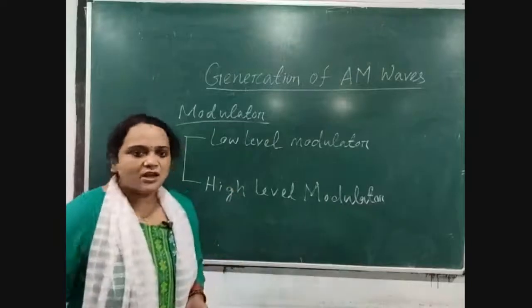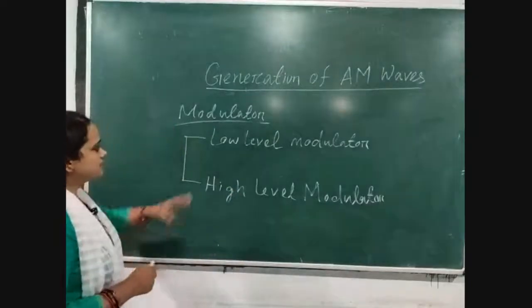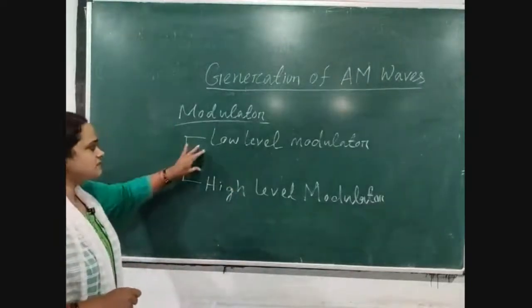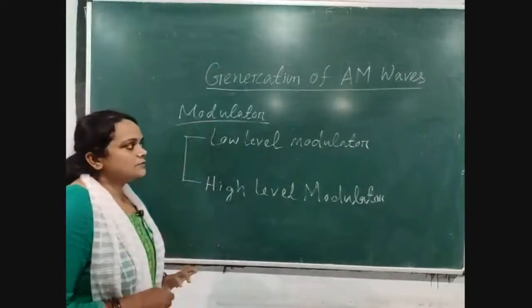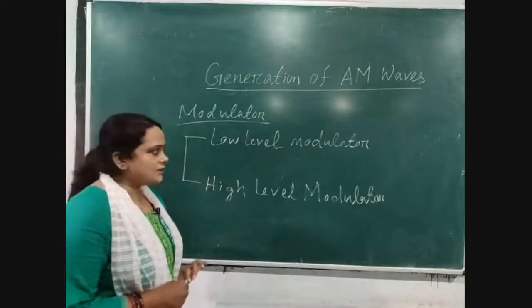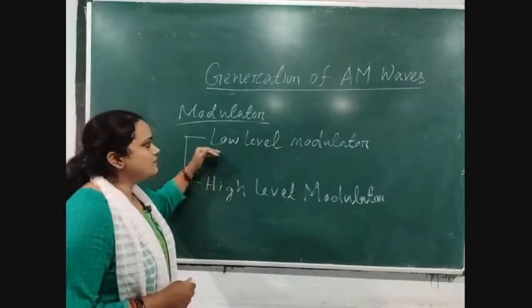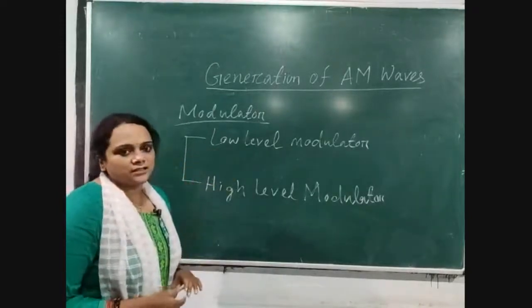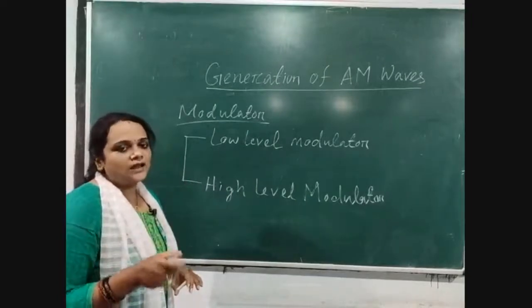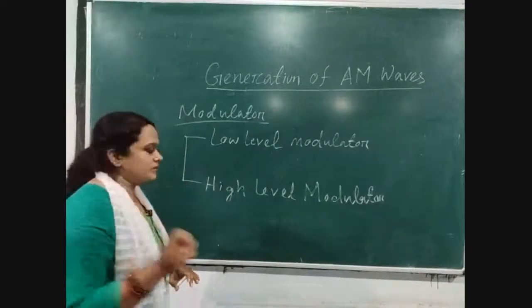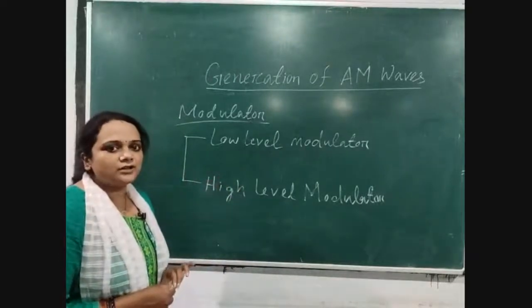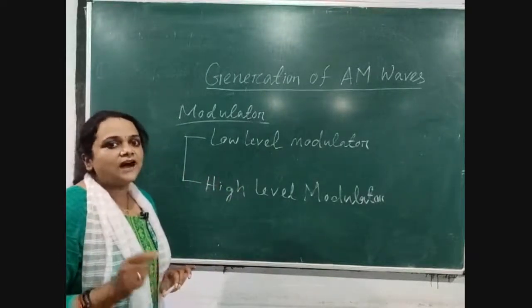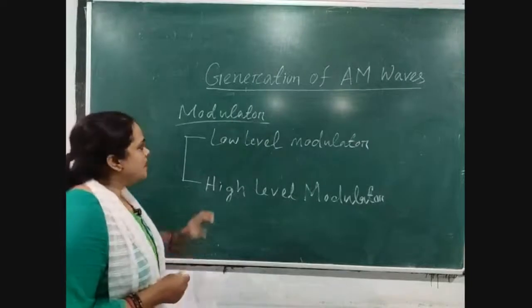So first we discuss the difference. What is the difference between these two modulators? In a low level modulator the modulation is done at a low power level, and in a high level modulator the modulation is done at a high power level.